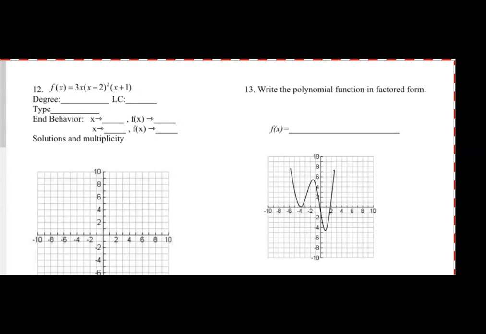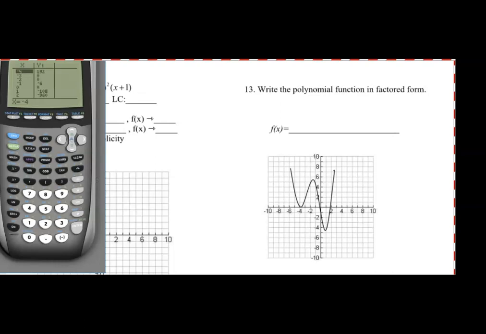3x times x minus 2 squared times x plus 1. If you're comfortable with this, you can fast forward to the actual part of this. So this is very similar to the last one, except this is a minus 2. And this is a plus 1.